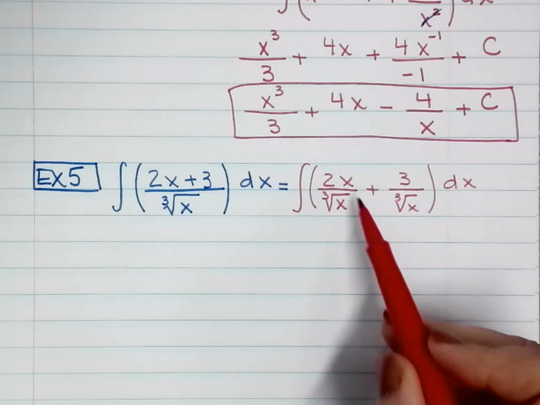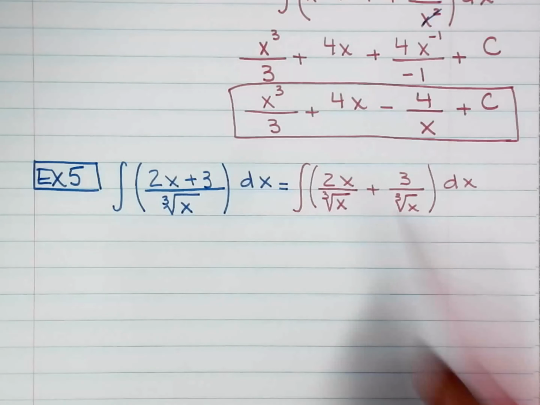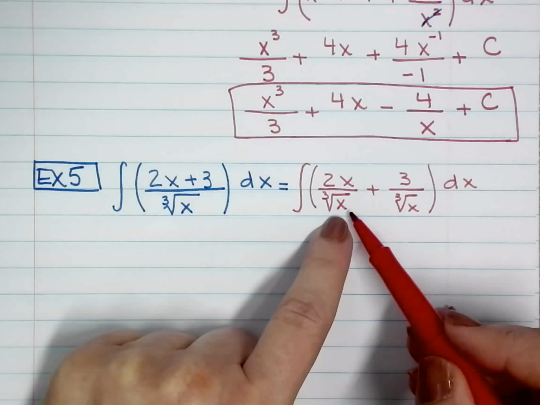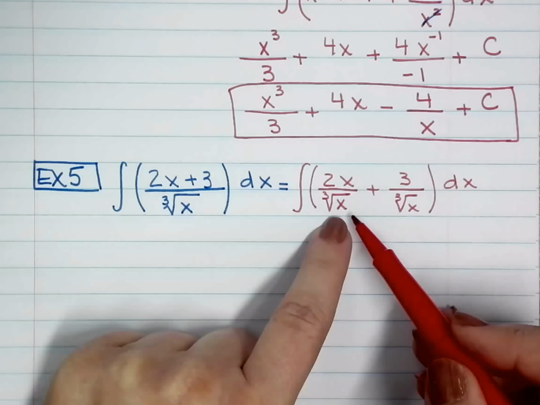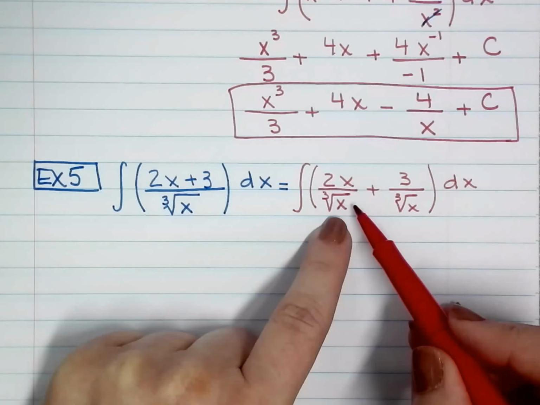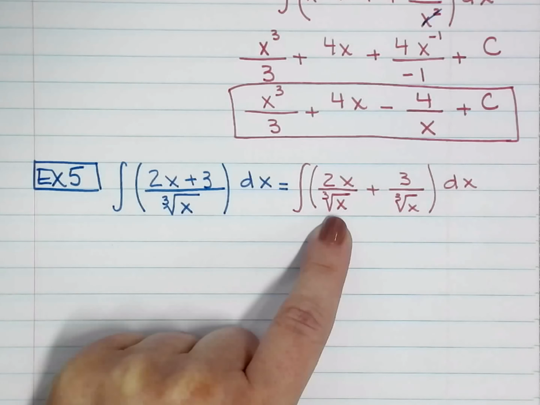Okay, I will apply the laws of exponents right here. So when I'm dividing same base, I will subtract the exponents. And also here, I can rewrite the cube root of x as the exponent of 1 over 3. So that's a lot of information here.